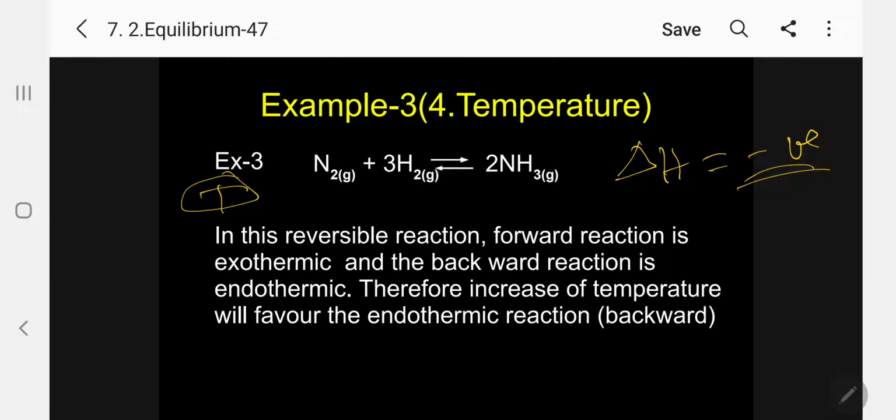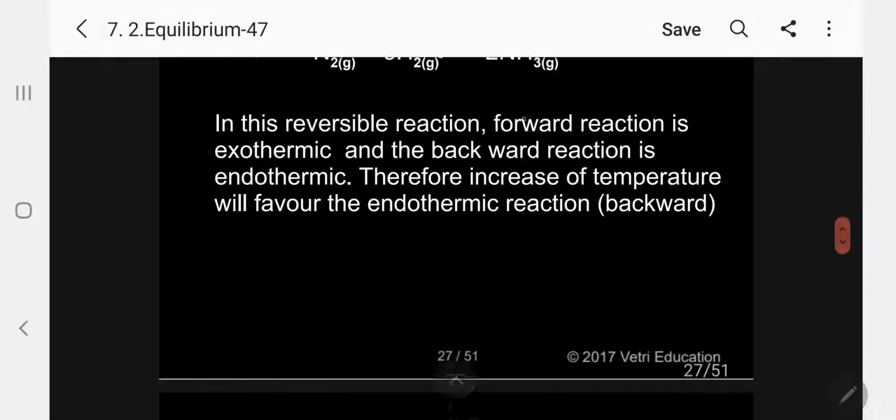Therefore, increase of temperature will favor endothermic, that is backward reaction. Decomposition of ammonia takes place. That's why in the Haber process, ammonia will be formed only at low temperature. So therefore, increase of temperature will favor endothermic reaction, that is backward.